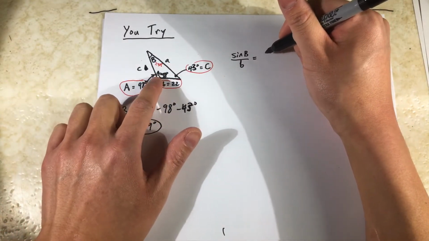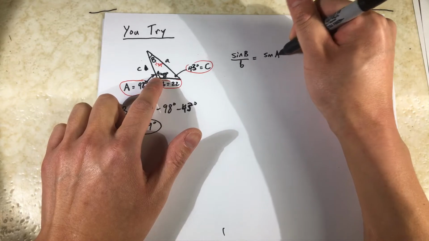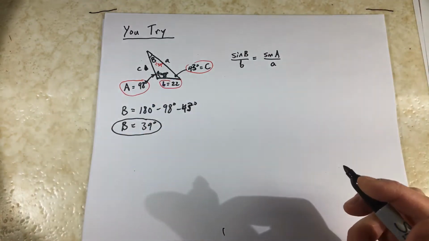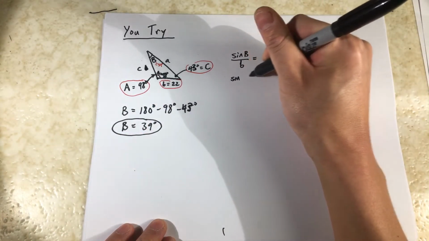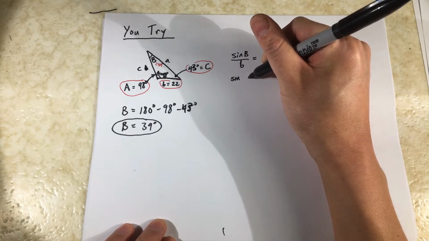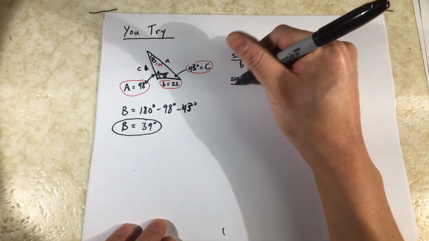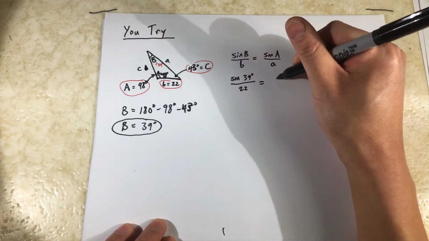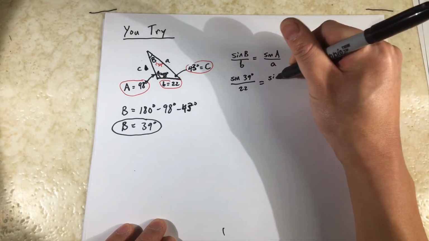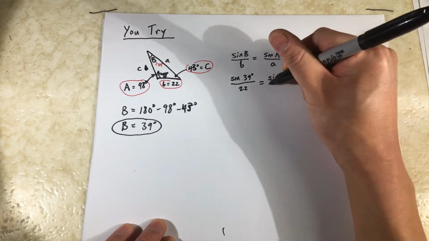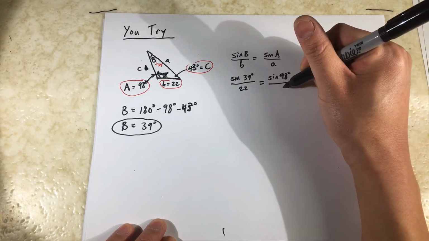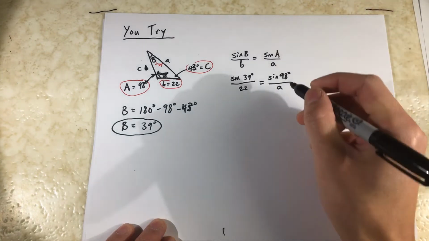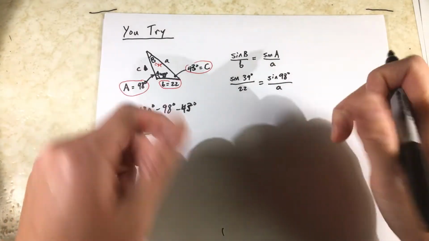So we're going to use this angle, which we know, sine A over a. When we plug this in, sine of 39 degrees divided by 22 is equal to sine 98 degrees divided by side a. We want to solve for a, so I'm going to flip both of them.